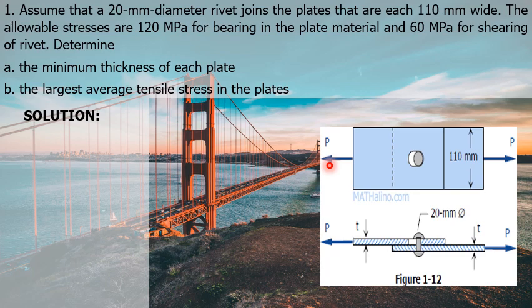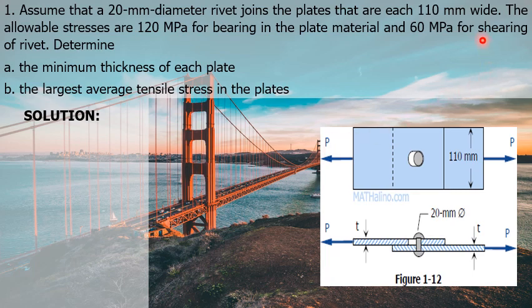No. Do we have thickness? Also, we don't have thickness. That's what is asked in letter A. Do we have the diameter of the rivet? Yes, we do. That is 20 mm. How many unknowns? There are 2 unknowns. So we cannot immediately use the formula for bearing stress.